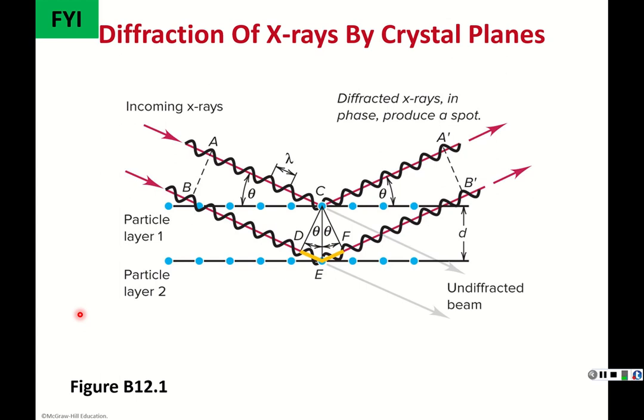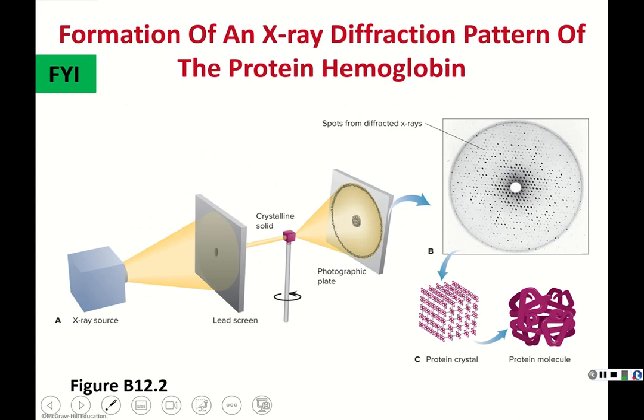When you do that, you don't need to know very many specifics about this for this class, but you shine X-rays, and they interact with the atoms in the crystal lattice, and they will be diffracted, so that they point in a different direction than they were going. You can have an X-ray source and put a very direct beam onto a crystal, and then you can look at it on a plate and get what's known as a diffraction pattern.